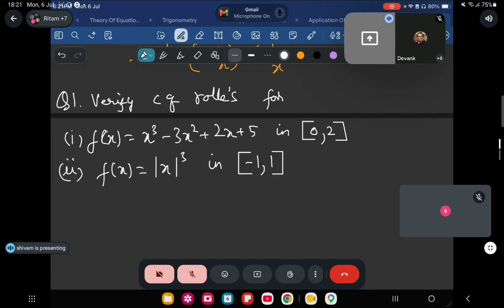Yeah, Raktim, you have to find out the value of C as well. Okay, sir, send me. Sarthak, I'm waiting for you. Sarthak, you can solve the first one fast.